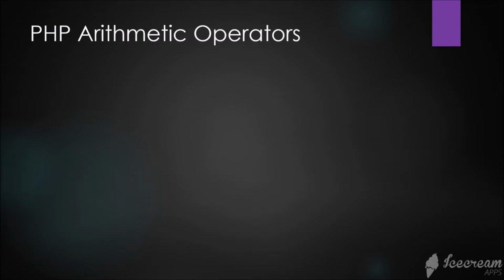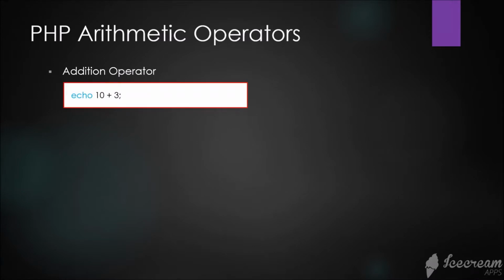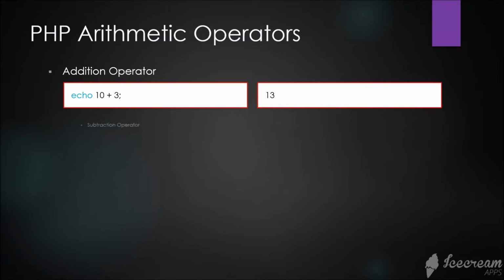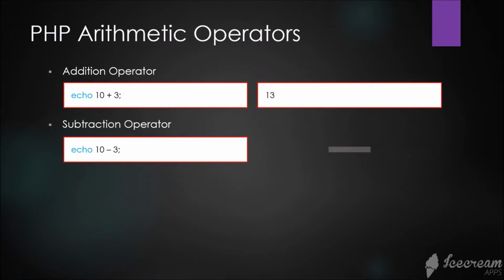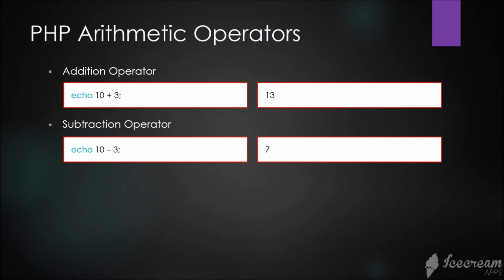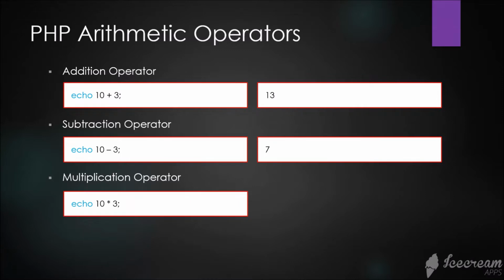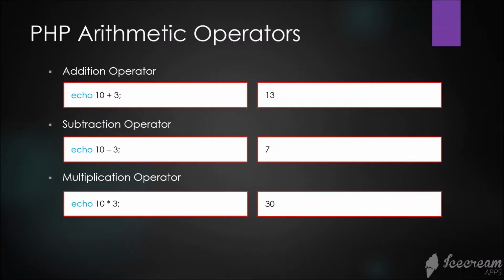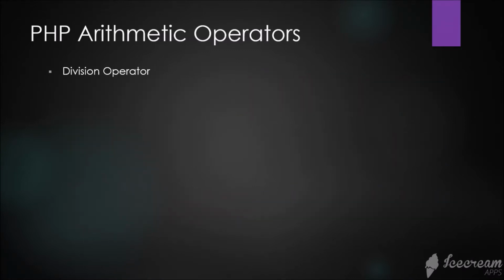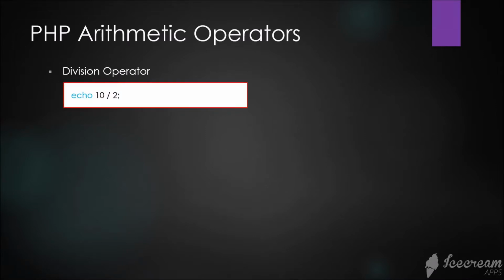Okay, so let's start with our examples. Let's start with the addition operator. If we're going to calculate 10 plus 3, the answer will be 13. Then for the subtraction operator, if we calculate 10 minus 3, it will be 7. Then we have the multiplication operator. If we calculate 10 times 3, it will be 30. For the division part, if we calculate 10 divided by 2, it will be 5.